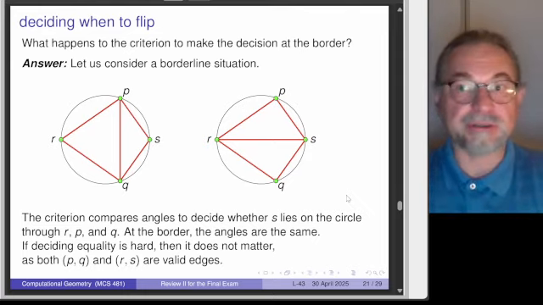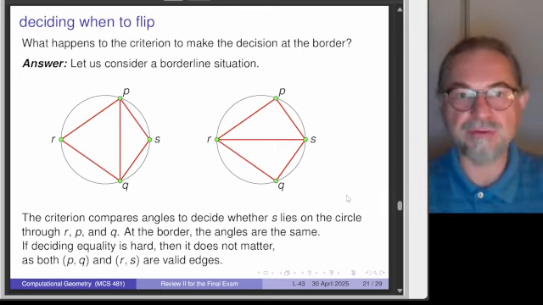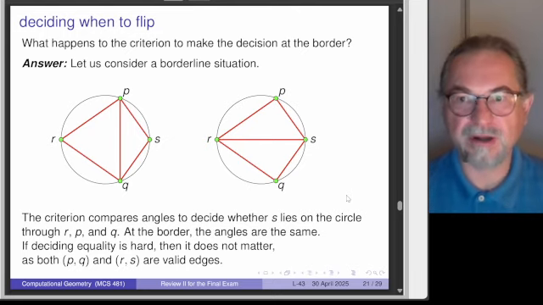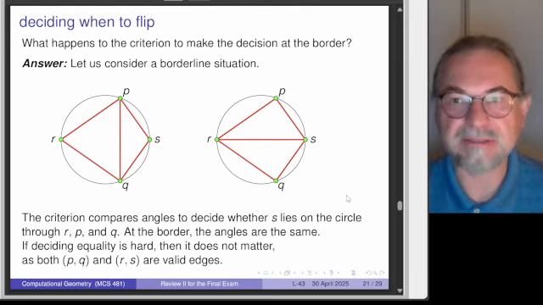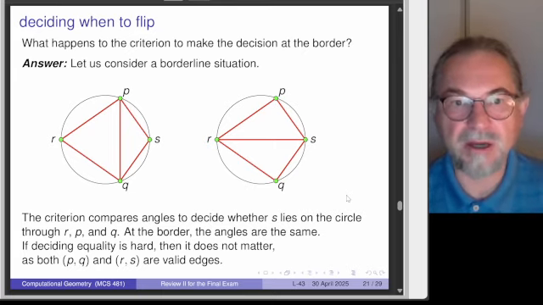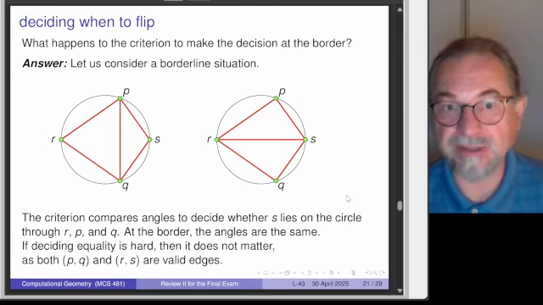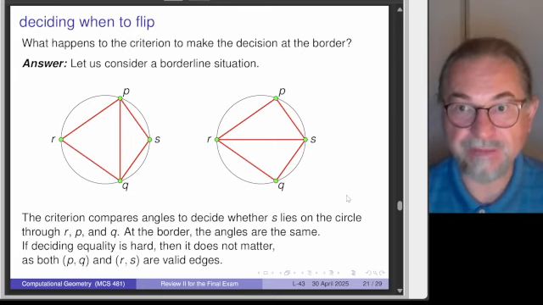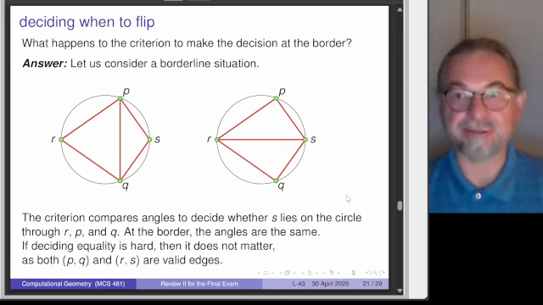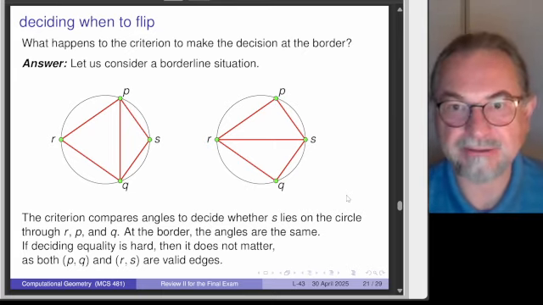So here is the borderline situation. So we had the R, P, S, Q, the points that were lined up in counterclockwise way, and they define a quadrilateral. So in one situation we have the edge PQ, and in the other situation we have flipped that edge, exchanged it for the RS.